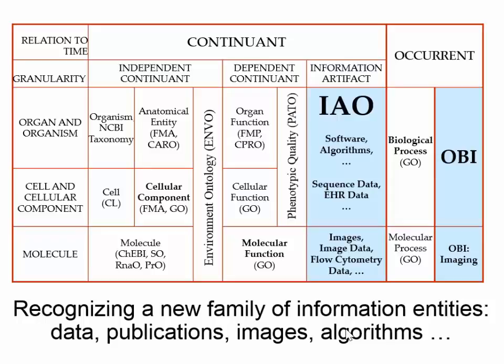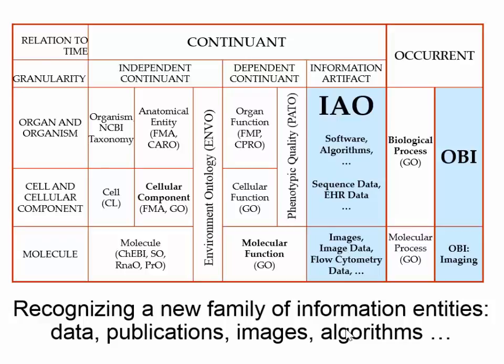And if somebody comes along with an entity type, a universal, or a family of universals, which don't fit into this scheme, then we would be obliged to extend the scheme to cope with universals of that kind. So far, we have been forced to extend BFO really only once. We have made a number of changes to create BFO 2.0, but they were not radical changes in the way that this was a radical change.